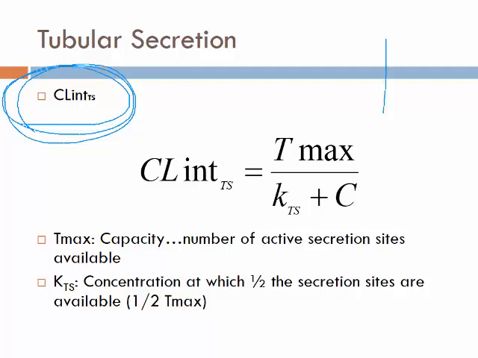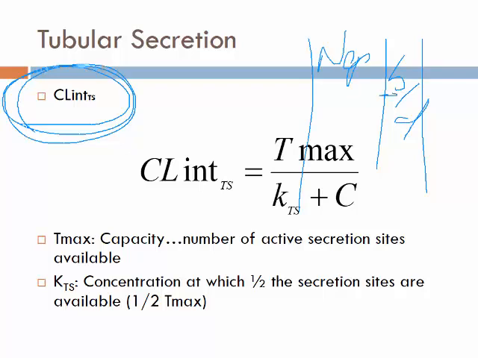So what I think of this is here's our blood, and here's our nephron. There's a membrane in between the blood and the nephron. And what is happening in secretion is drug is moving from the blood into the nephron. So we're moving drug to the urine, to the tubule.